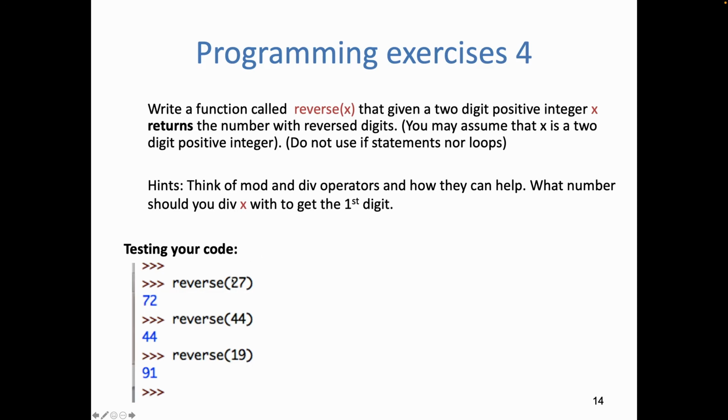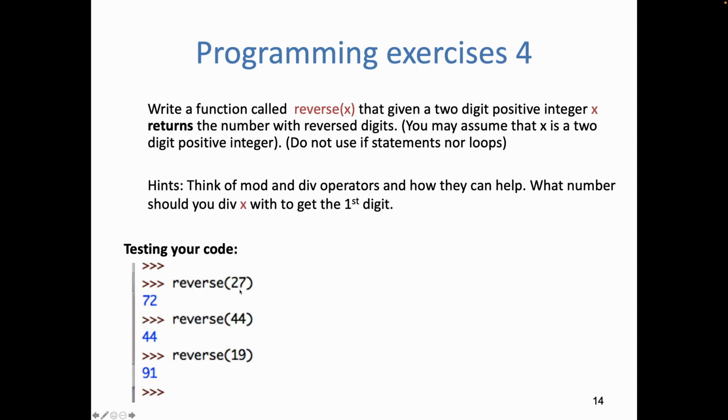Let's see here, if I have a number 27, I want to get the output 72. I will give you a hint. If you use the integer division, divide 27 by 10, then the result is 2, right?